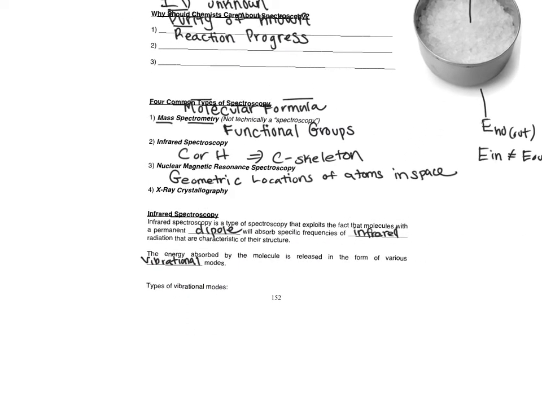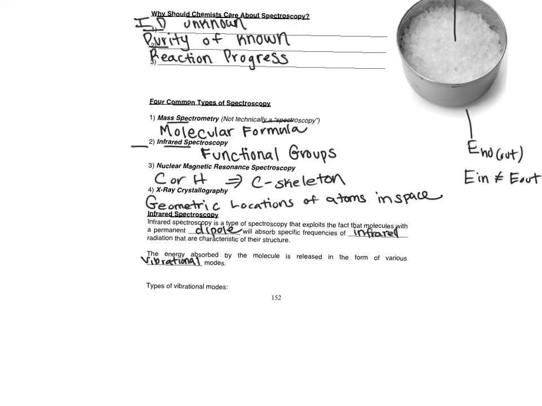So let's put this up here. The types of vibrational modes that you'll hear reference to would be things like rocking. So they're motions that the molecule and the bonds make. Stretching, so the bonds themselves can stretch. And there's one that's called scissoring. To visualize that, I'll draw a quick sketch of what we might see.